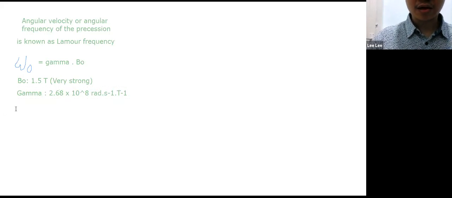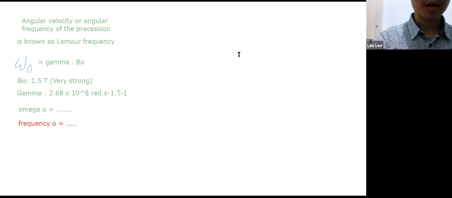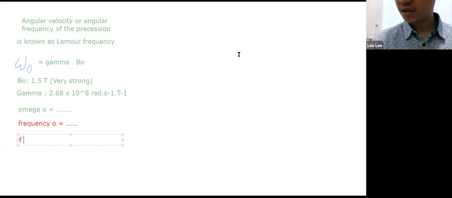By using this, you will be able to find omega 0. Once you get omega 0, you will be able to find the frequency f0, the frequency of that omega. Do you understand here? If you do this process, the frequency that you will get is around 64 megahertz.